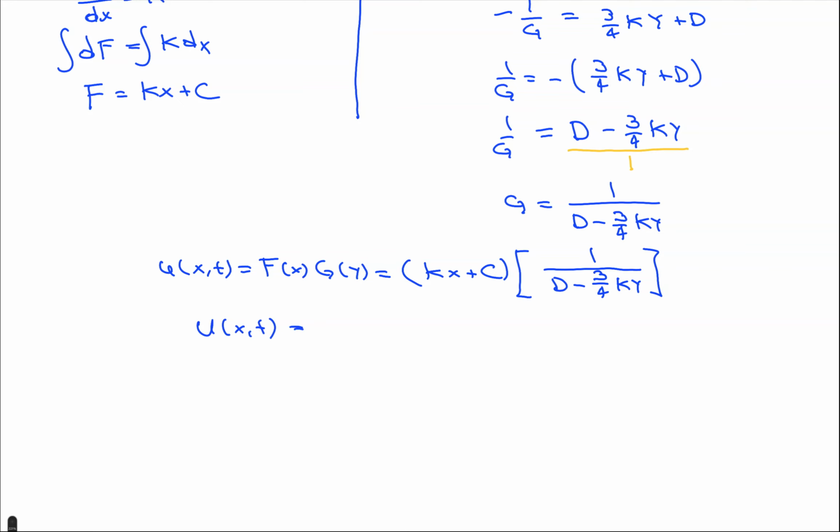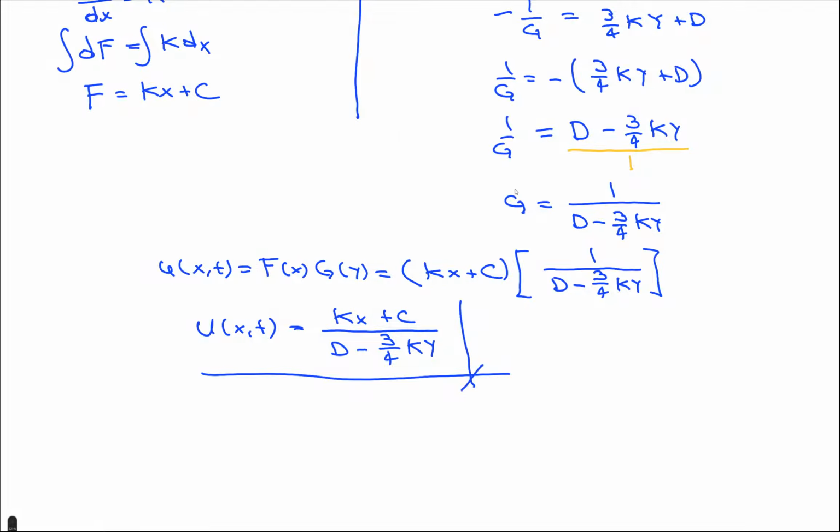It's going to look like kx plus c, everything divided by d minus 3 over 4 ky. I know what you might be thinking: maybe multiplying numerator and denominator by 4 so we can clear the complex fractions. However, I'd rather do that once we get the particular solution. So let's leave it like this for now.